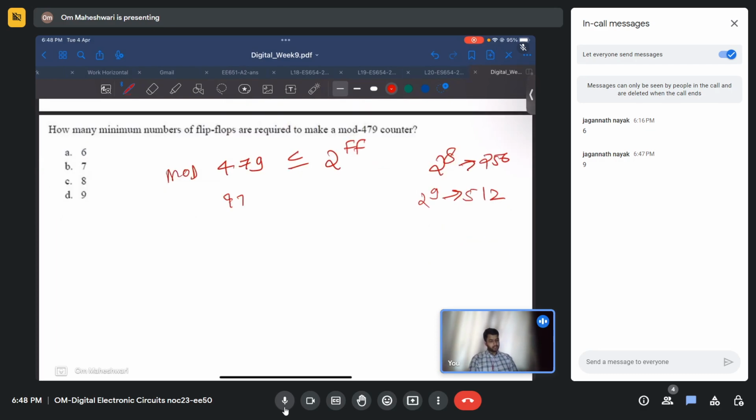So 479 is less than or equal to 512. That is why the number of flip-flops is 9. So this was easy. Let us see what we have next.